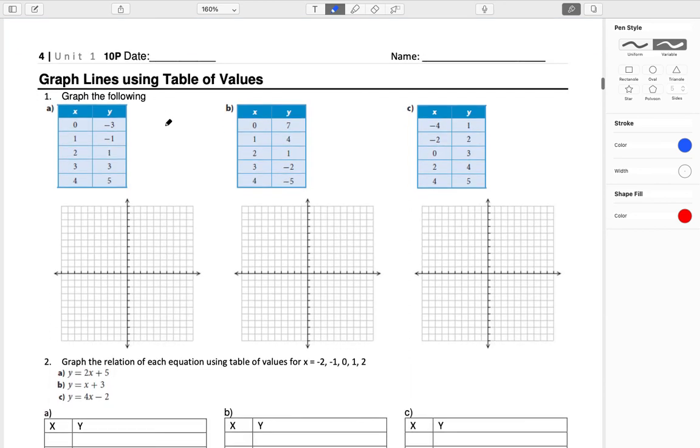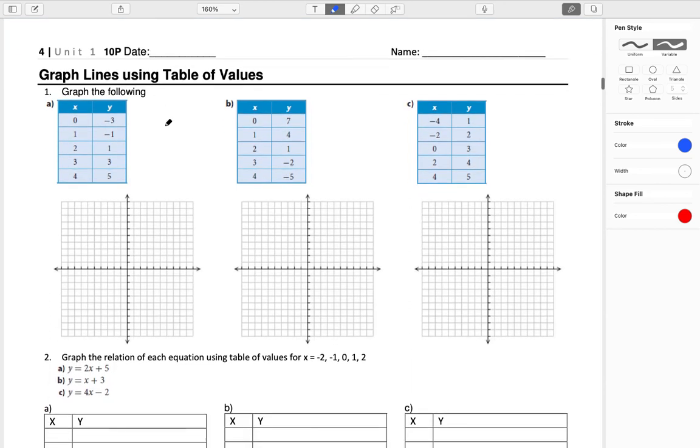Now, what if I were to give you a table of values? Well, the table of values is actually one of the easiest ways. All you need to do is plot the points. When x is 0, y is -3. So 1, 2, 3, so -3 here. When x is 1, my y is -1 over here.